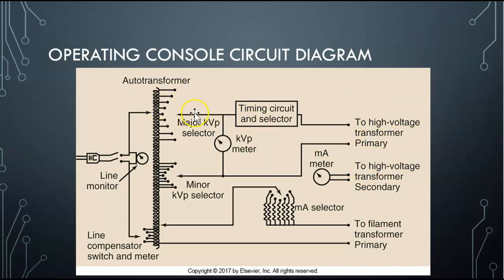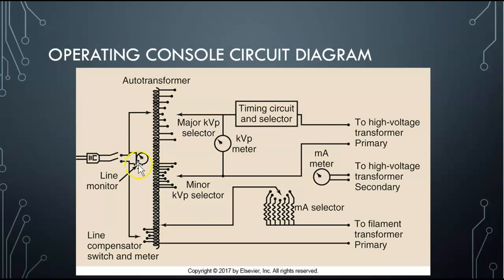We've got our KVP major and minor, and our KVP meter right there. We've got our timing circuit. Here's our MA meter, and down here is our MA selector, which is a rheostat. This is our autotransformer, which has an iron core. Remember all that line current coming in at 60 hertz, and then we have 220 to 240 volts coming in.